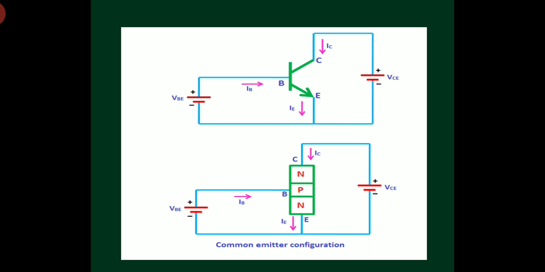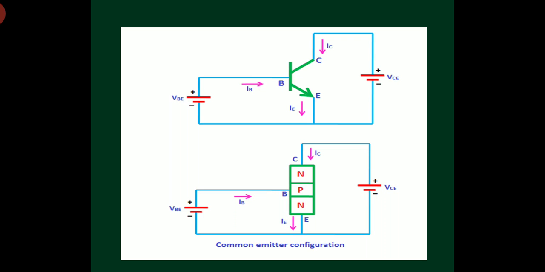Input junction is also called junction JE, and output junction is also called junction JC. JE is formed between highly doped emitter and lightly doped base, whereas JC is formed between lightly doped base region and moderately doped collector region, right?